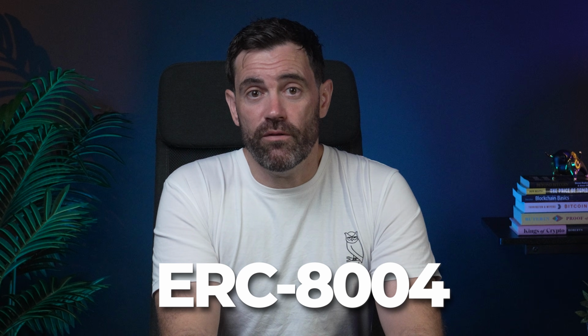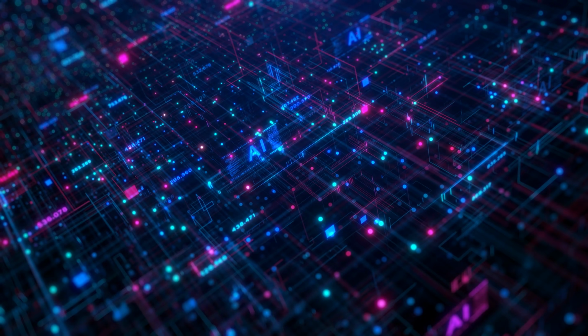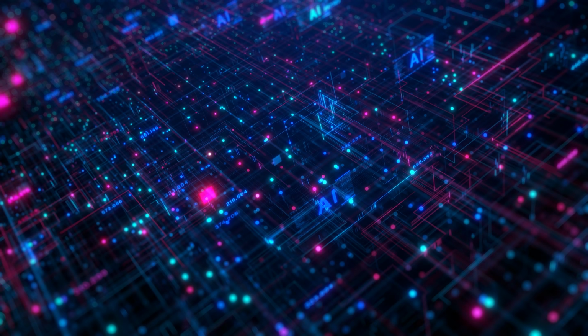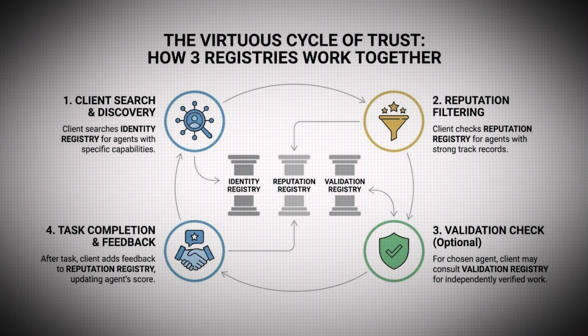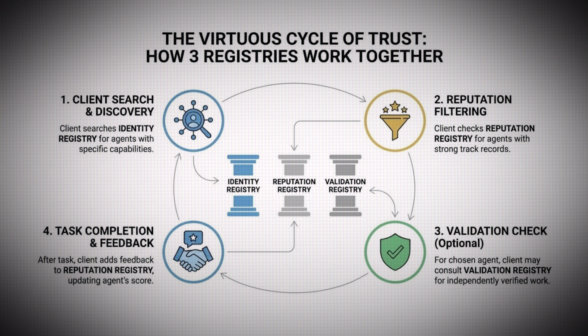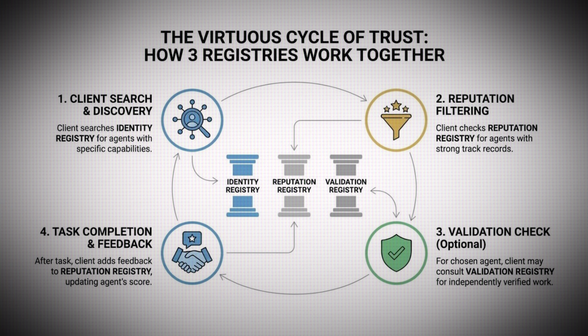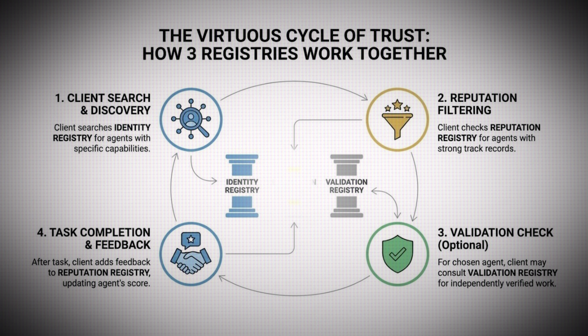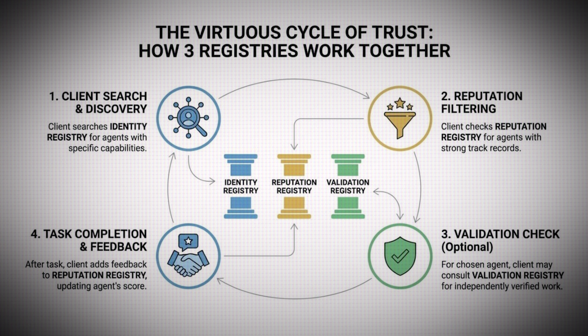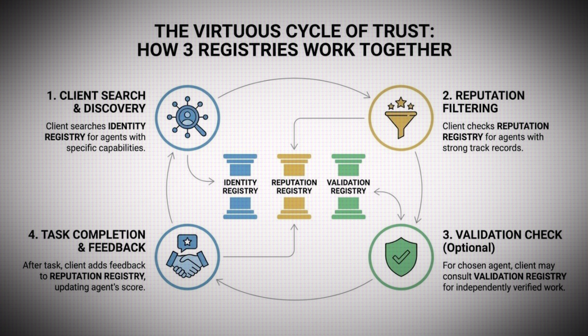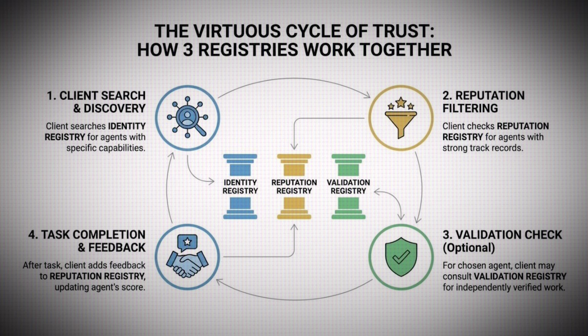This becomes even more relevant with a new token standard called ERC 8004. Now, without getting too technical, ERC 8004 lets AI agents discover each other and establish trust. It does this through 3 on-chain registries: an identity registry that assigns each agent an NFT that basically serves as the agent's ID, a reputation registry that logs client feedback, and a validation registry that enables third-party verification of an agent's work.